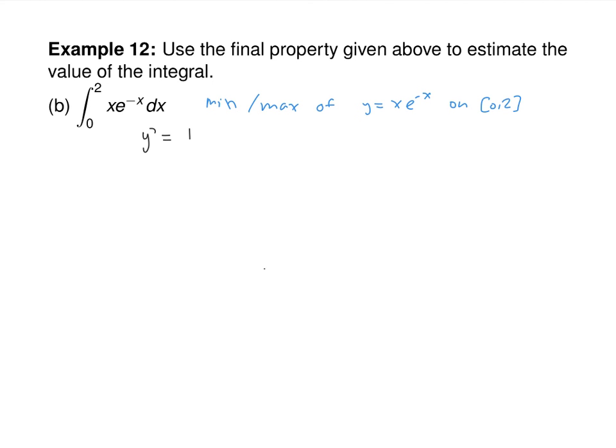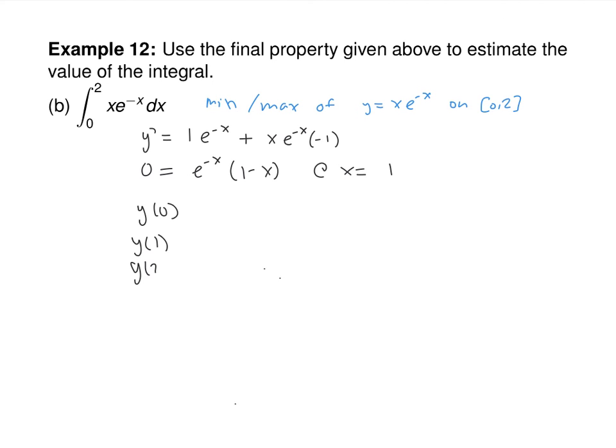Y prime would be 1 times e to the negative x plus x e to the negative x times negative 1, right? Set it equal to 0. E to the negative x times 1 minus x. When is that equal to 0? At x equals 1.